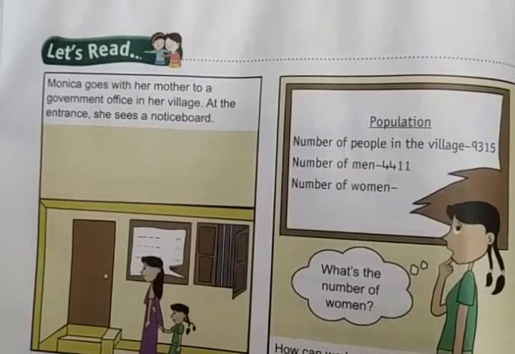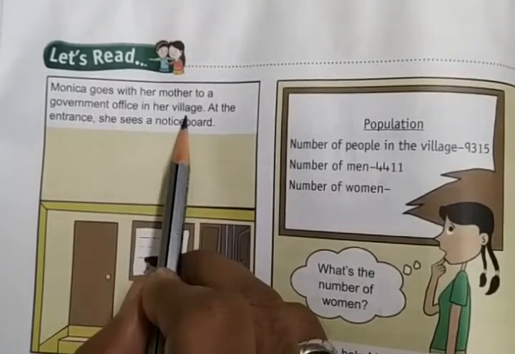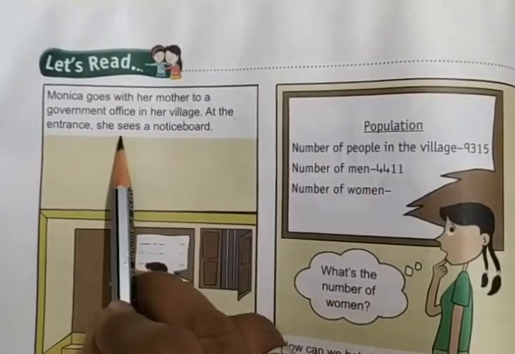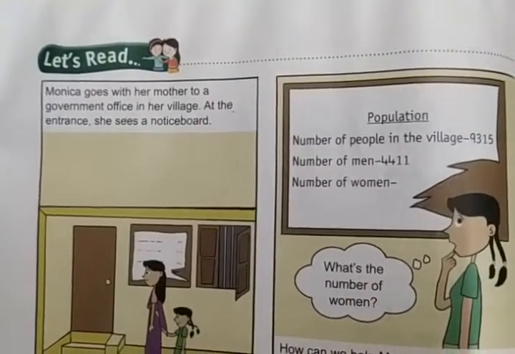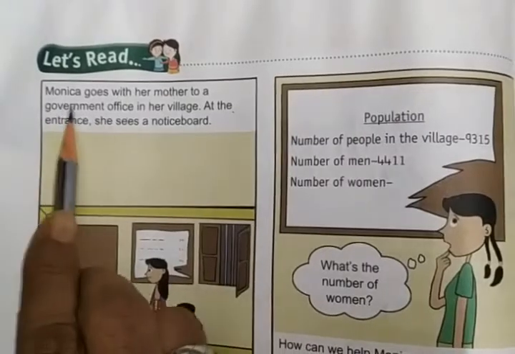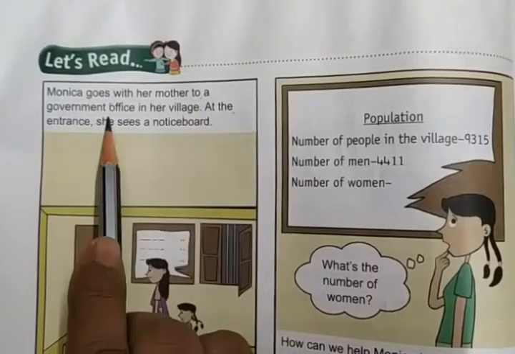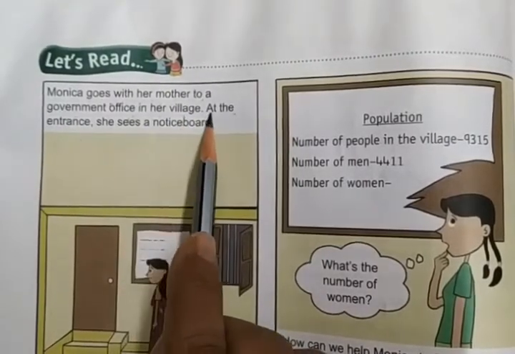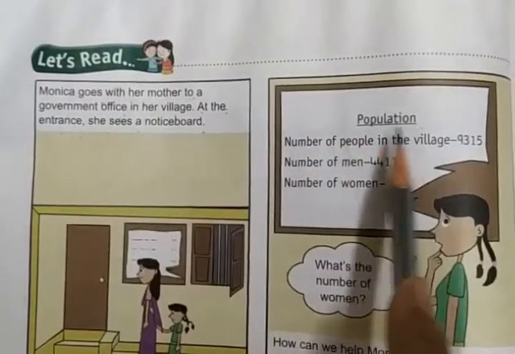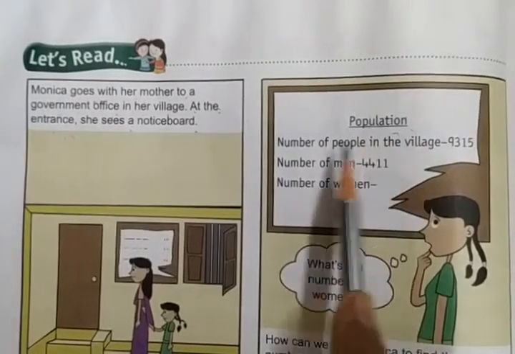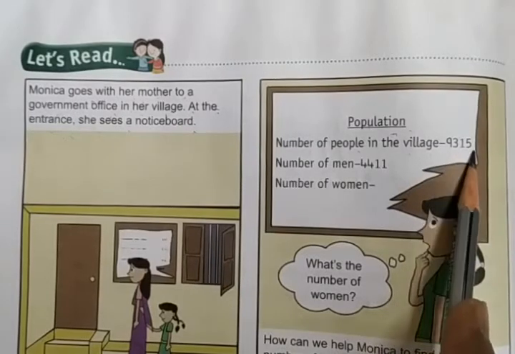Let's read. Monica goes with her mother to a government office in her village. At the entrance, she sees a notice board. The population, number of people in the village, is 9,315.